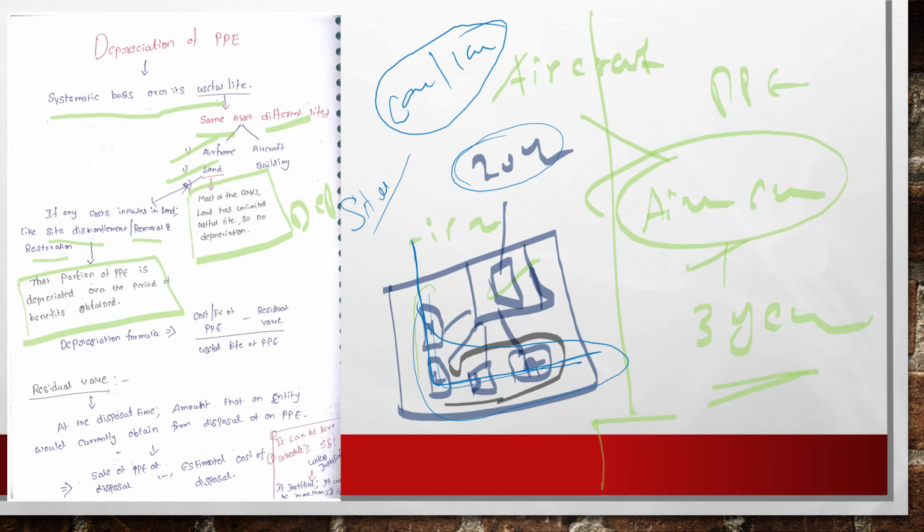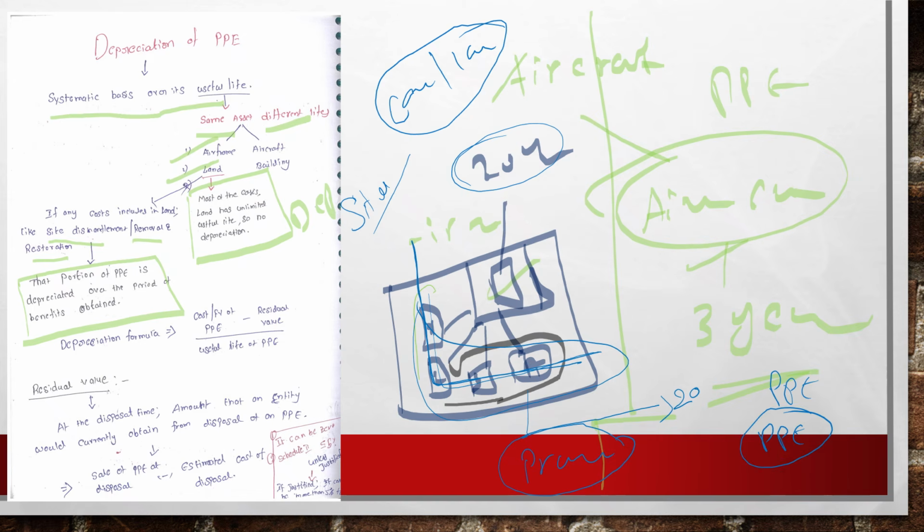In that case, the cost you are incurring here would be useful for the next 20 years, so you should add that. Apart from that, there is a dismantling cost for this land. So the provision for the dismantlation will also be added to that PPE.